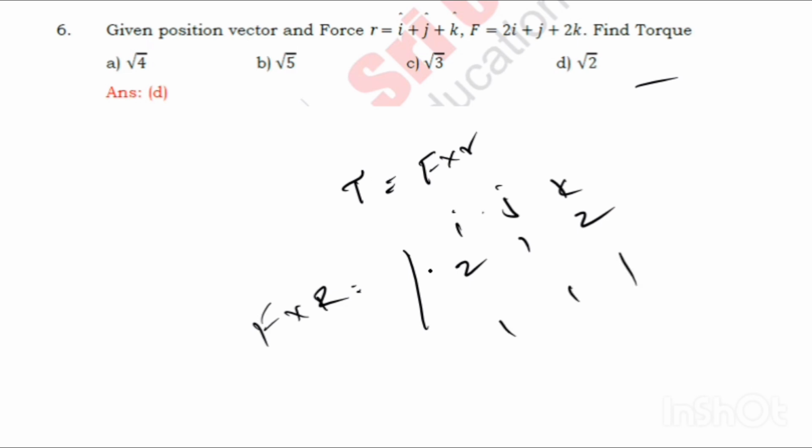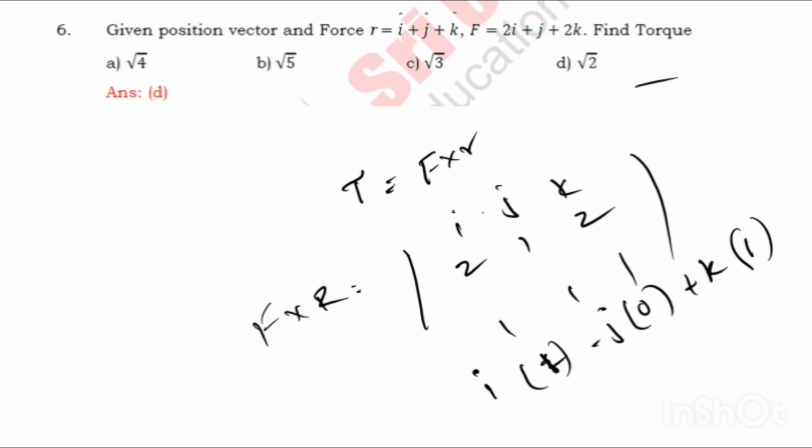So I into 2 minus 1, that is 1, minus j into 2 minus 2, that is 0, plus k into 2 minus 1, that is 1. So torque is equal to I plus j. We want the magnitude, that is root of 1 square plus 1 square, that is root 2, the answer, right? Here maybe it is R cross F, right?